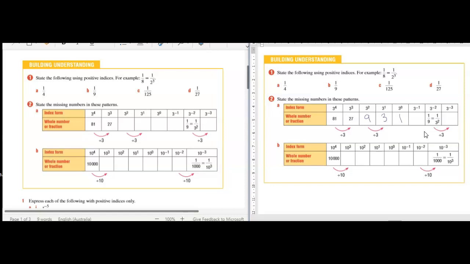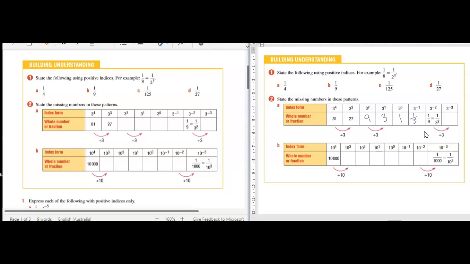So 81 divided by 3 is 27, divided by 3 is 9, divided by 3 is 3, 3 divided by 3 is 1. Then 1 divided by 3 gives you a third, okay? So remember, 3 to the power of negative 1 is the same as 1 over 3 to the power of positive 1. Then if we divide that by 3 again, we get 1/9, and you can write that in index form as 1 over 3 squared, because 9 is 3 squared.